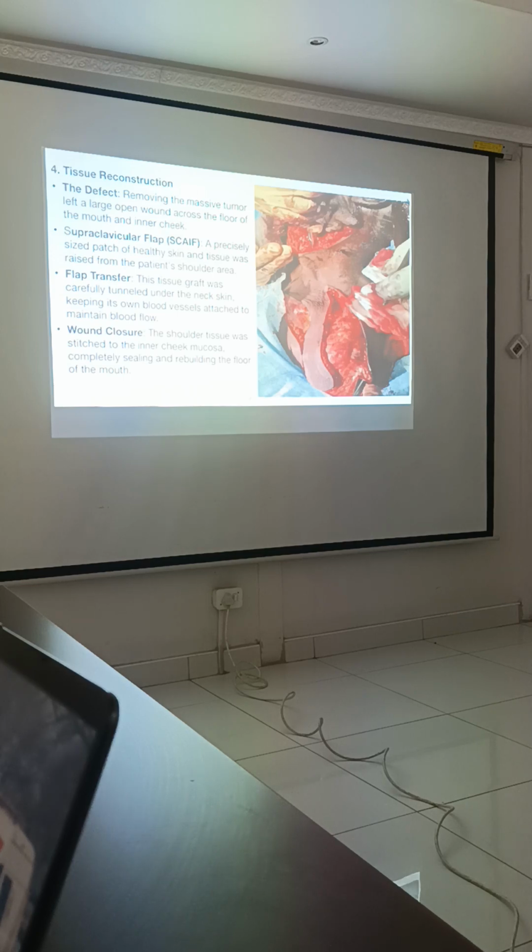There was no damage of the attached blood vessels and there was adequate blood flow in the region. And suturing was done using nylon sutures in order to achieve a complete sealing and rebuilding of the floor of the mouth.